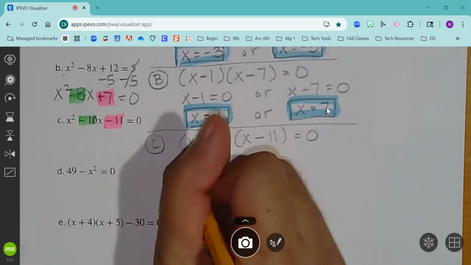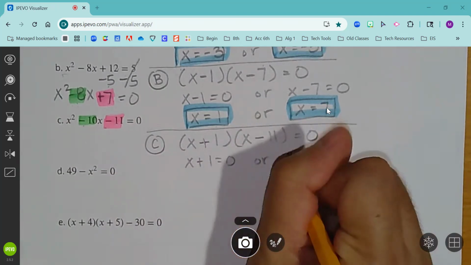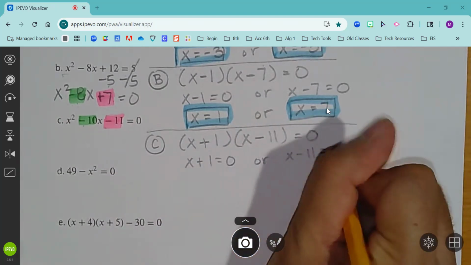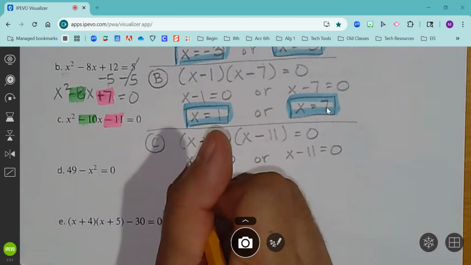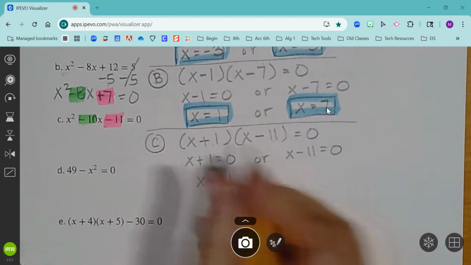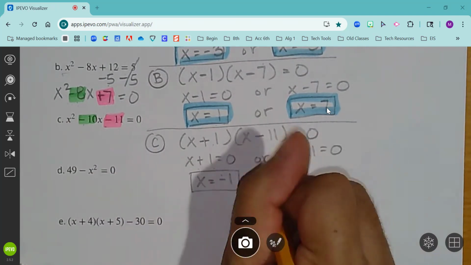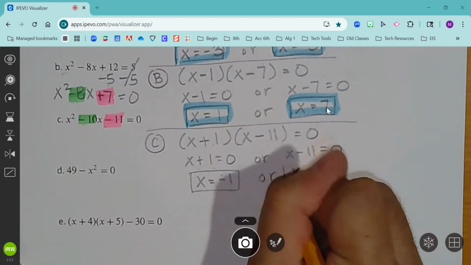Okay, set it equal to 0. Because again, if one of these factors is 0, anything times 0 is just going to be that 0 there. So subtracting 1 on both sides, I would get a -1 when I solve for that. Add 11 to both sides, I would get a +11 for that.